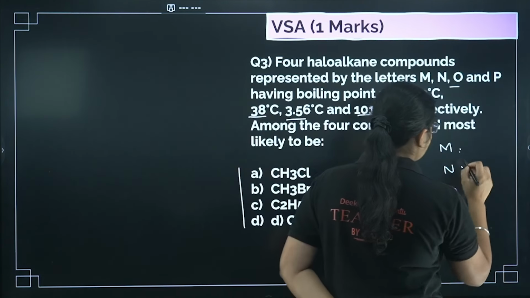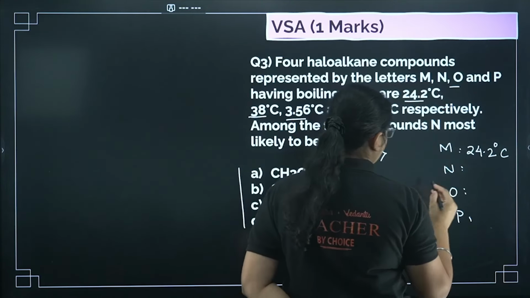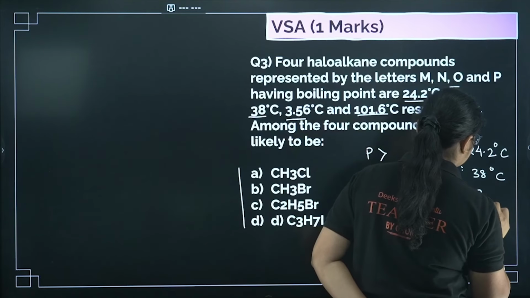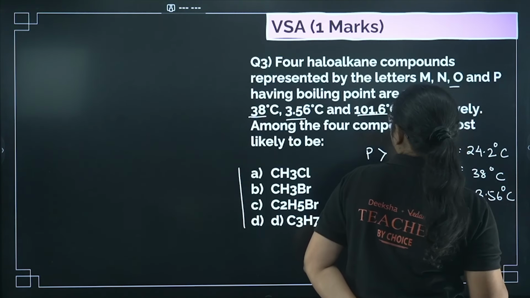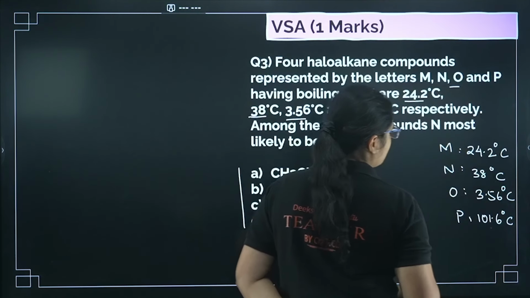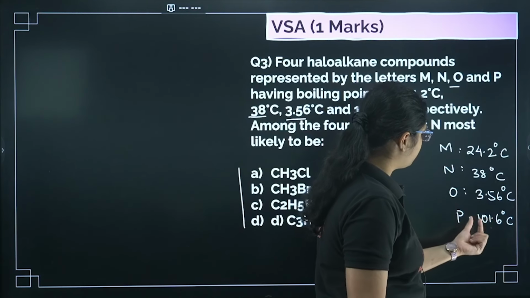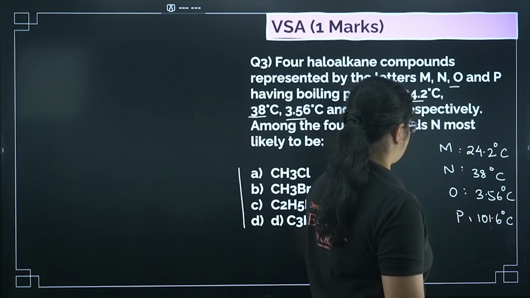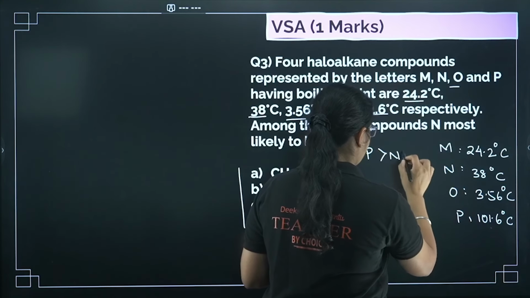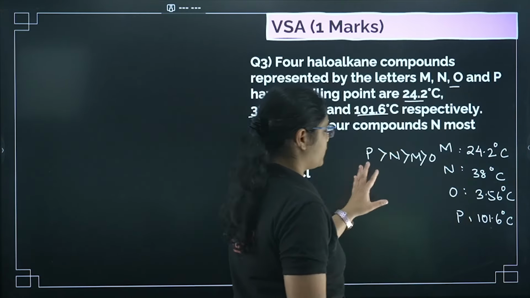M is 24.2 degrees Celsius, N is 38 degrees Celsius, O is 3.56 and P is 101.6. P is the highest, then after that it is N, then M, and lastly we will have O. This is the order of boiling points.